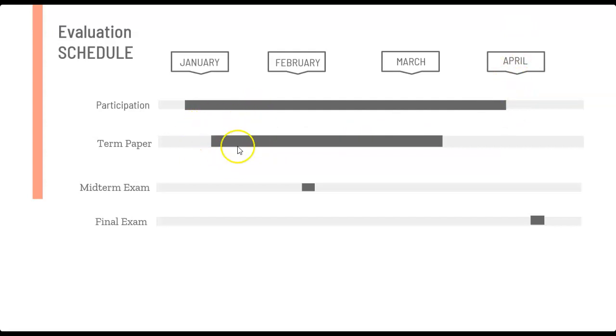Your term paper, you really should be thinking about what you want to focus on, reviewing the expectations and the rubric. I know the first discussion post is with regards to what your thesis is going to look like, so really start thinking about your paper.